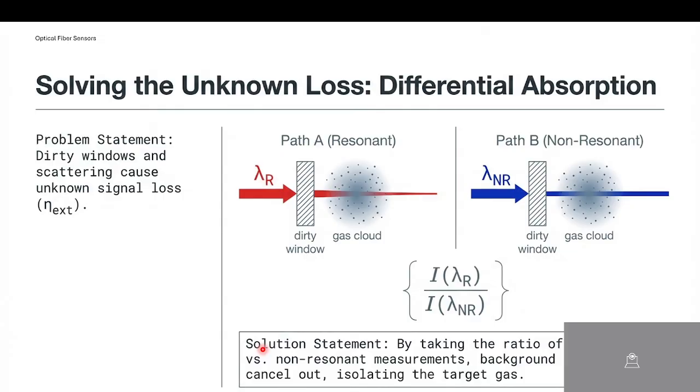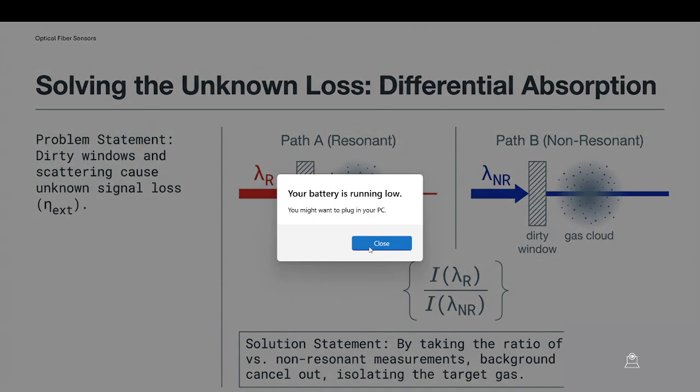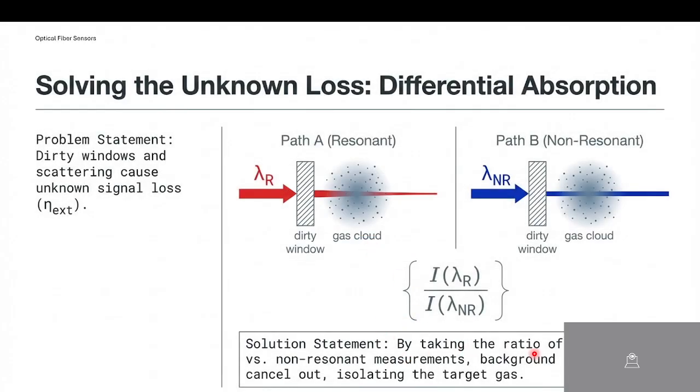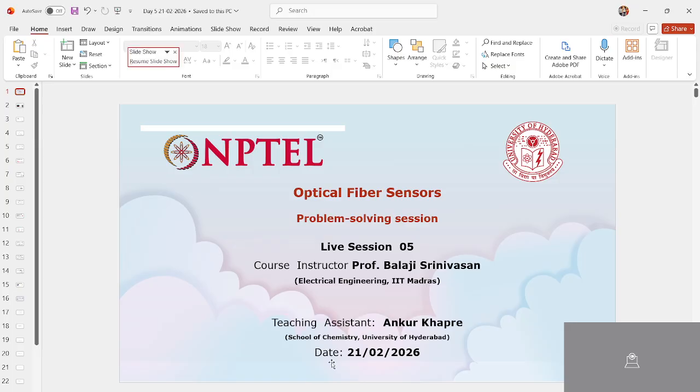You can see that the unknown loss can be easily solved based on this equation, which is the intensity of lambda resonant divided by the intensity of lambda non-resonant. By taking the ratio of the resonant versus non-resonant measurement, background losses cut out, isolating the target gas.